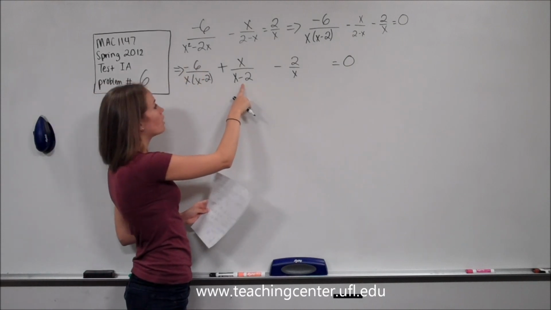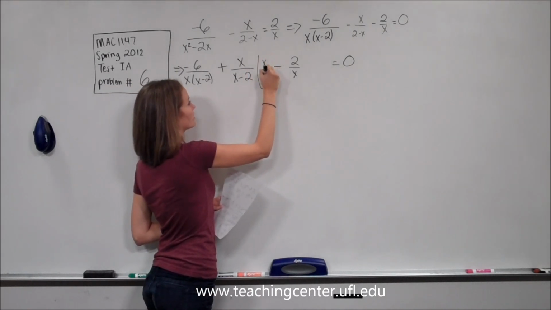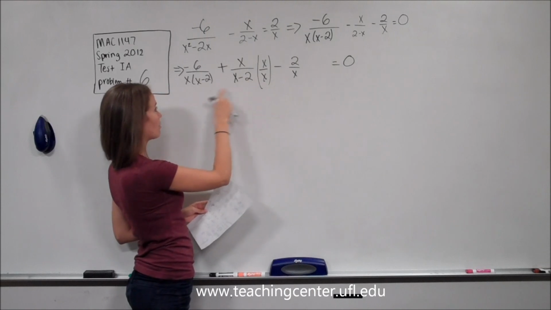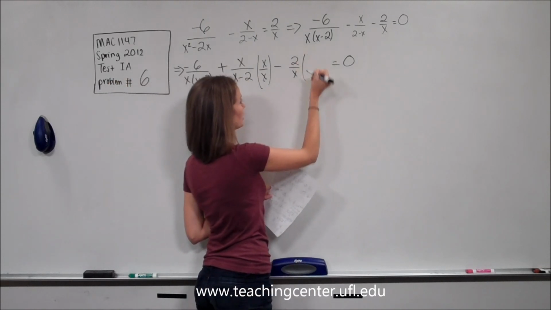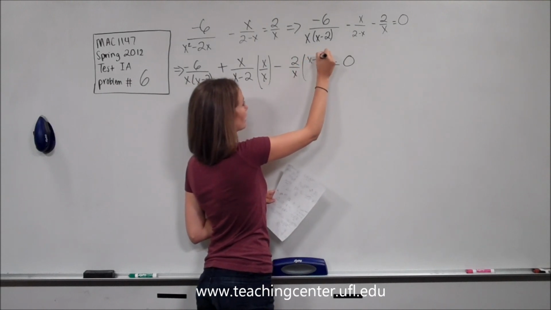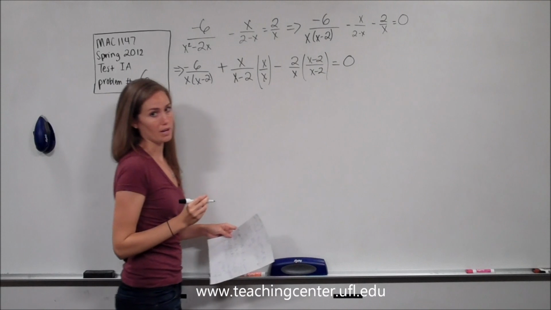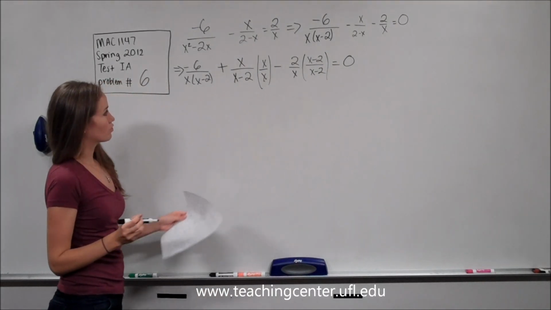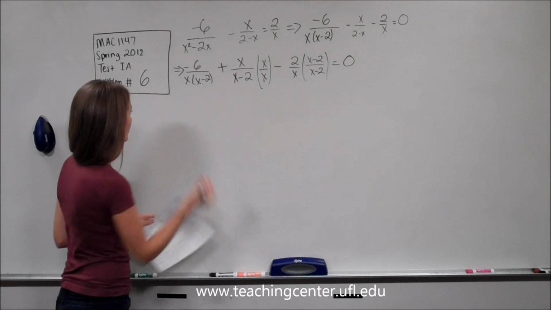Now this term, we need to multiply it by x over x so that it has the common denominator of x times x minus 2. And then this term, we need to multiply it by x minus 2 over x minus 2 so it has the common denominator. Okay, and so now we're just going to distribute everything that we're multiplying together.